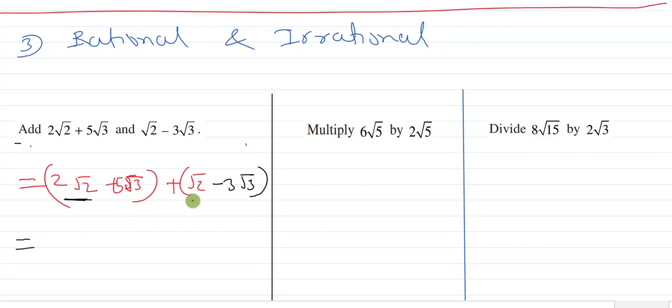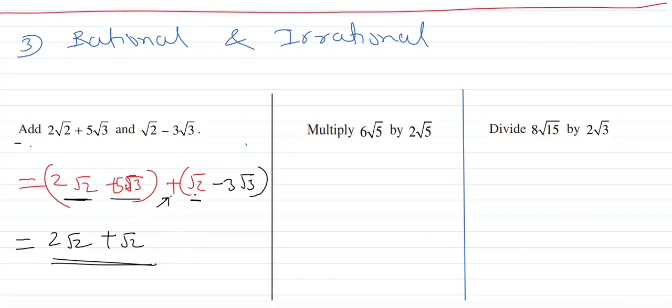Here root 2 term and root 2 term I will take nearby. Here a positive sign is there, so the sign will not be changed while taking outside the bracket. So 2 root 2, this will be plus root 2. Got this? I kept similar terms nearby. Now this plus 5 root 3 minus 3 root 3. These are the similar terms.